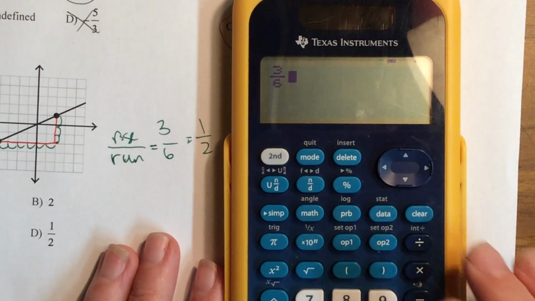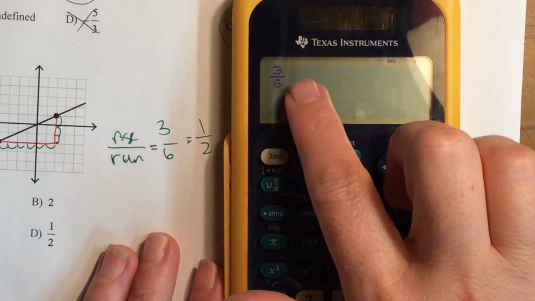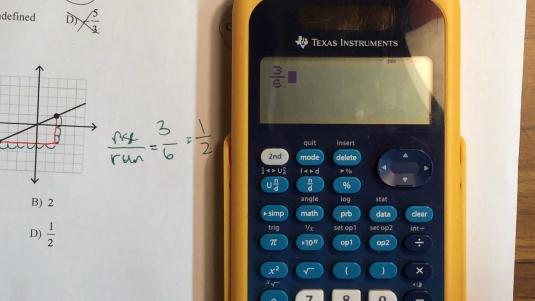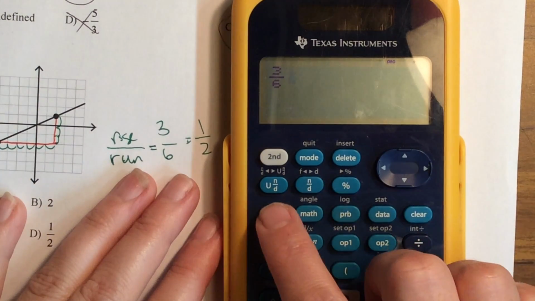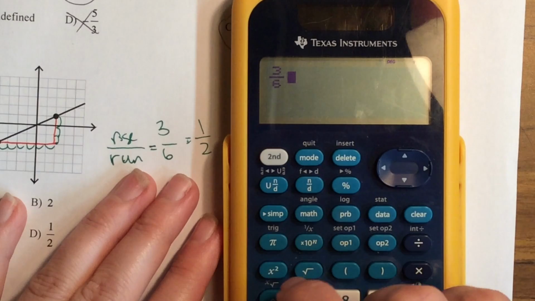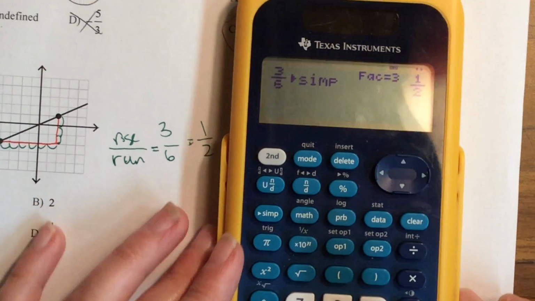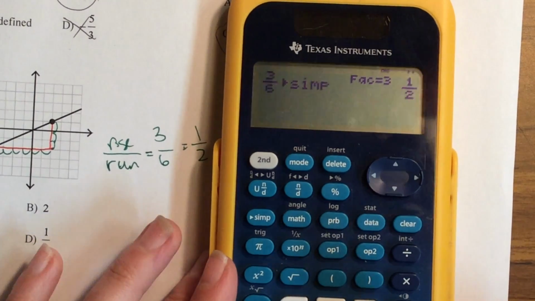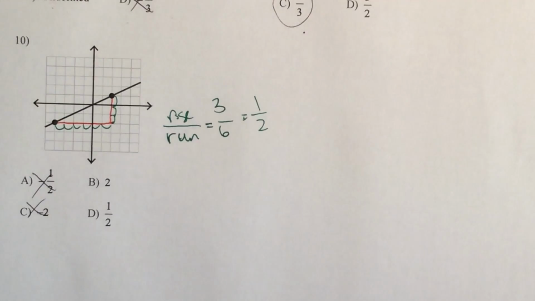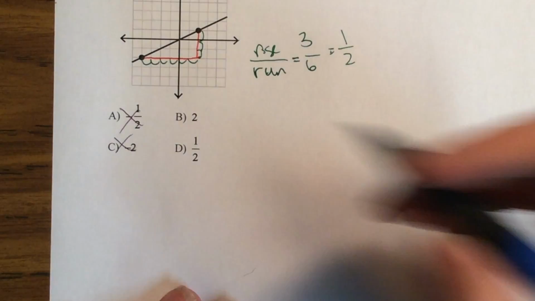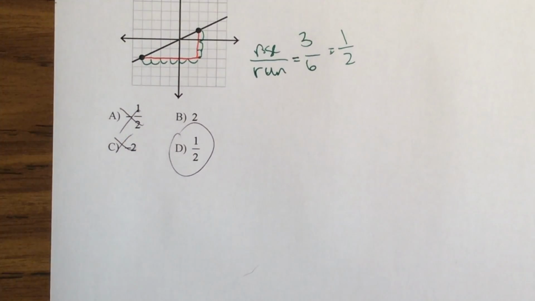And then hit your arrow key to where you're on the right hand side. Now you're going to tell it to simplify right here, simplify, and hit enter. And then it does the reducing for you. So just in case you're not good at reducing fractions, you do have tools to help you, and you should use them because that's what they're there for.